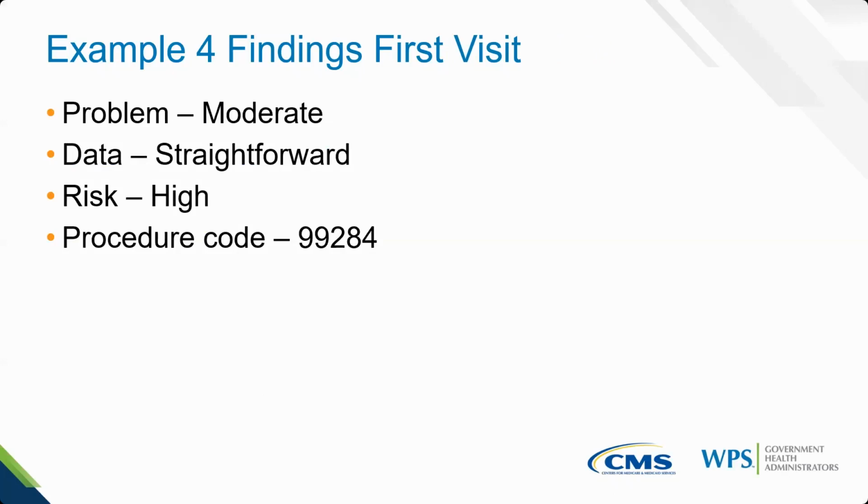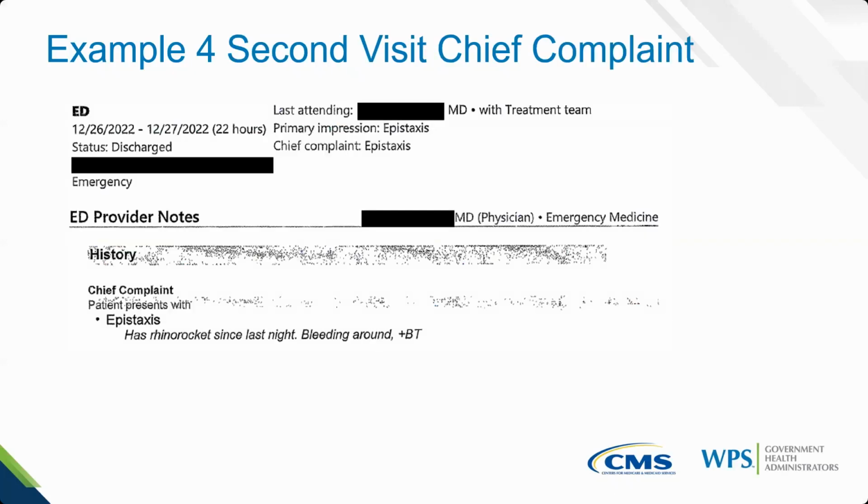Under data, we would have straightforward, as we don't have any data that the physician has reviewed. And under the risk, we would have high. The ER physician thought about and offered the patient observation care. The ER physician also explained that the nosebleed would wax and wane until it was actually resolved.